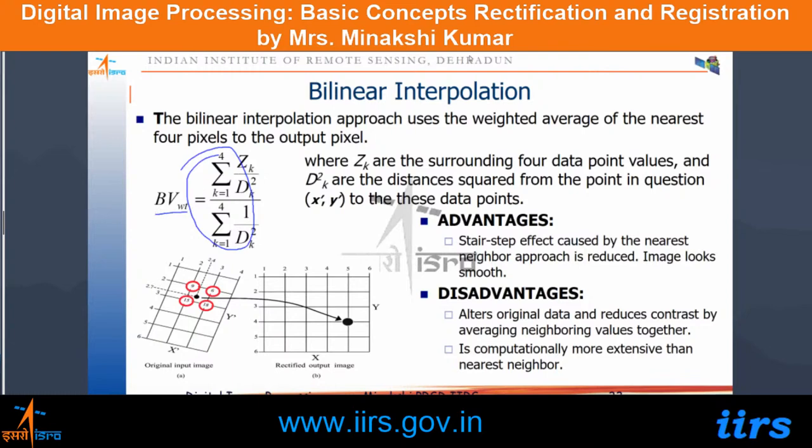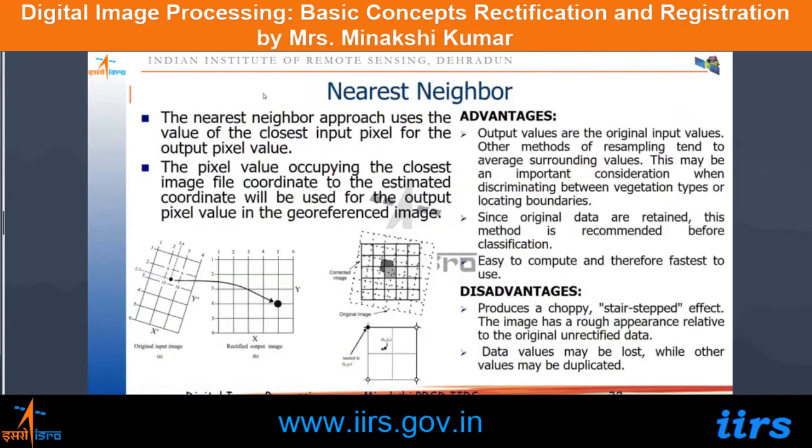Now, if you ask, why should I do this method and why not the first method? The advantage of the nearest neighbor method is that the output value is from one of your input values, so the data will use your original data. It's easier to compute and faster.